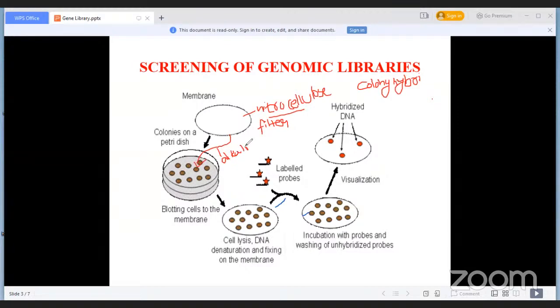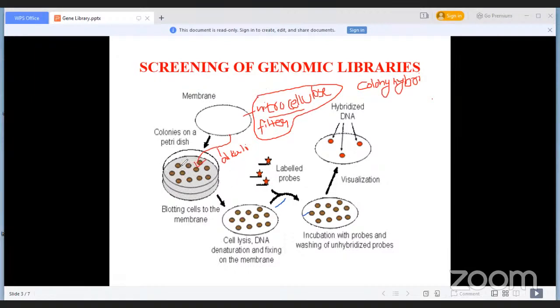The function of this alkali chemical is to dissociate the bonds of the DNA duplex. DNA is always in double helix form, right? With the help of the nitrocellulose and alkali chemicals, this double helix is denatured into single strands.